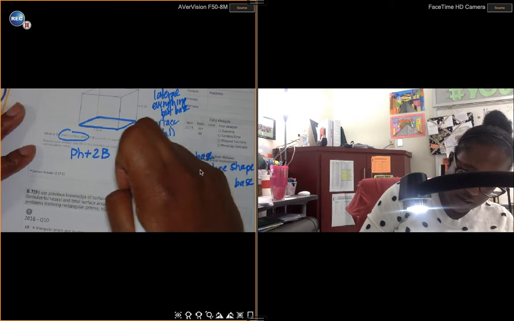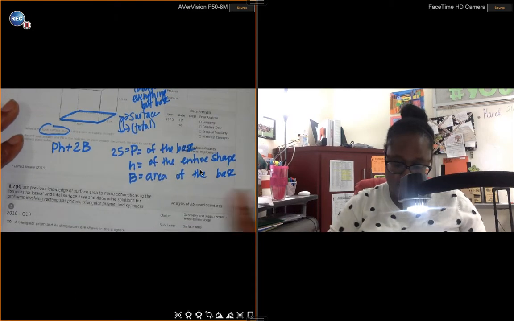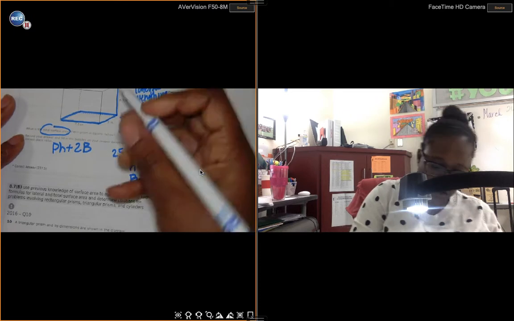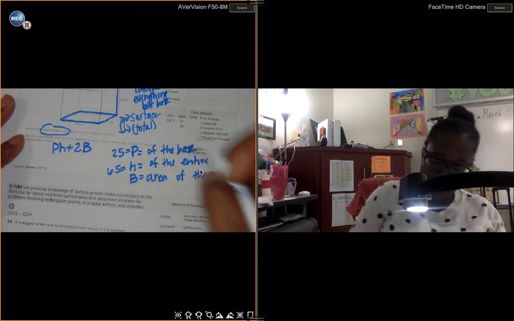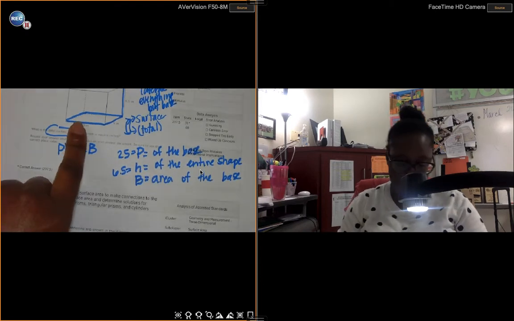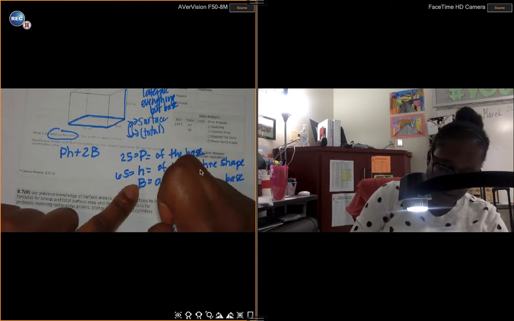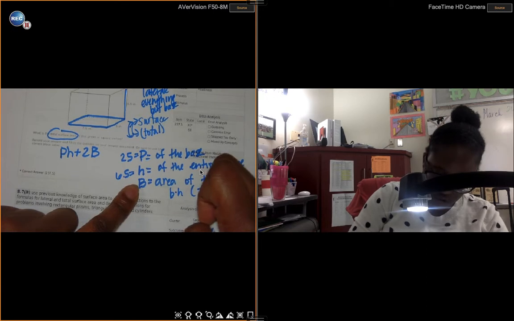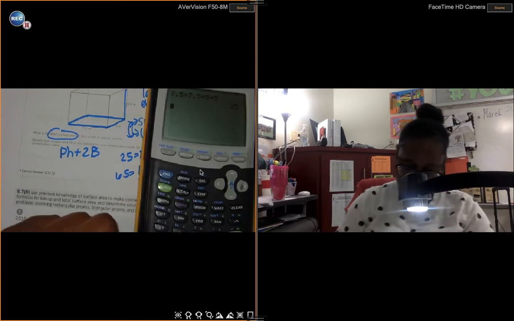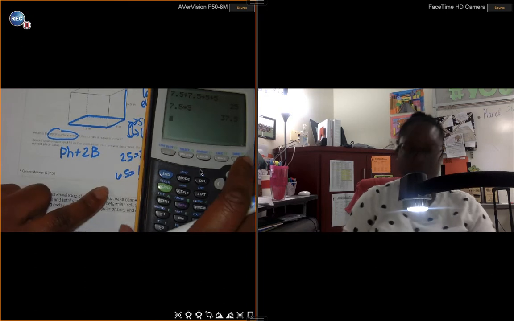So our P is 25. Remember, our height is the height of the entire shape, which is 6.5. The area of the base is the area of this bottom one, base times height, which is 7.5 times 5. So I have 37.5.